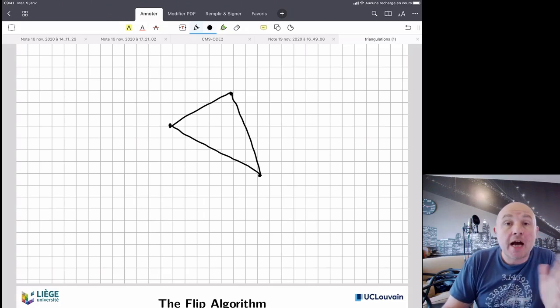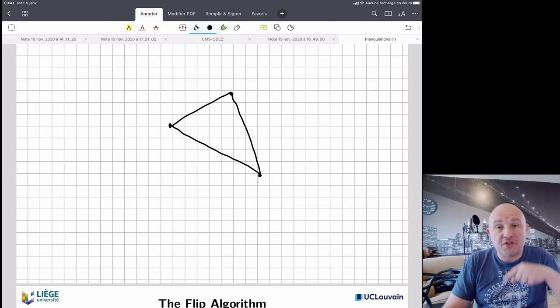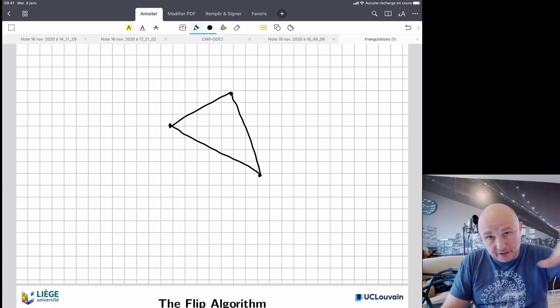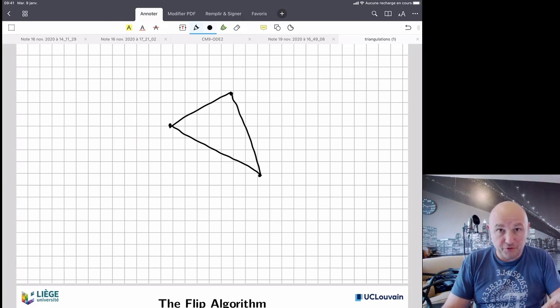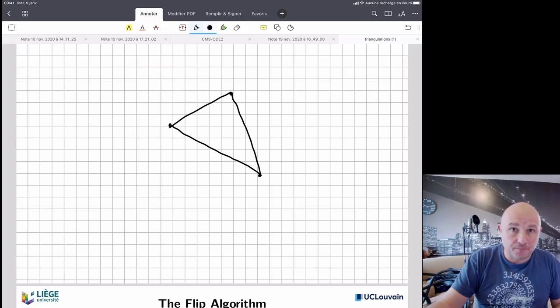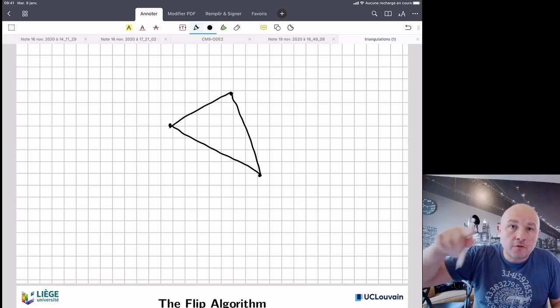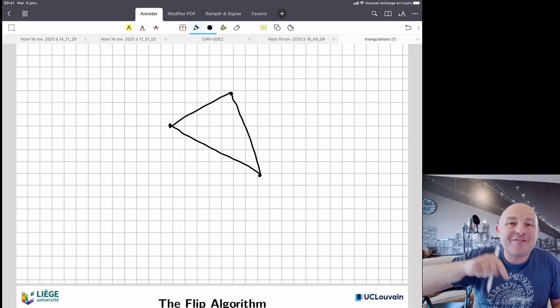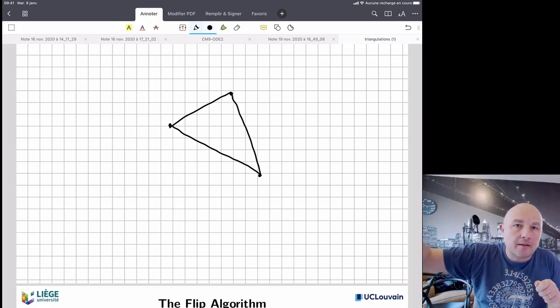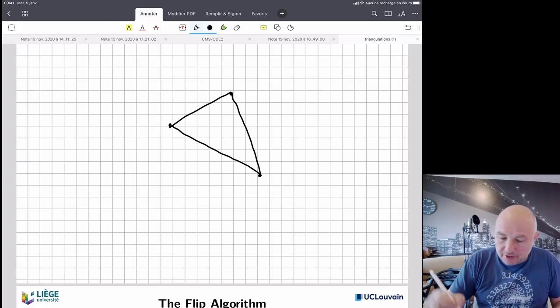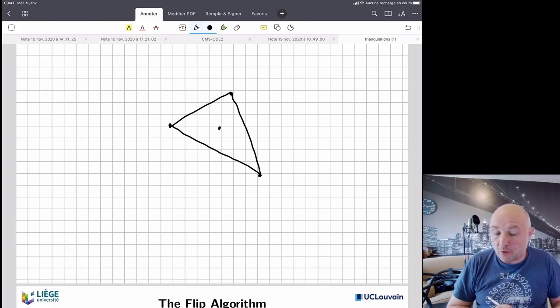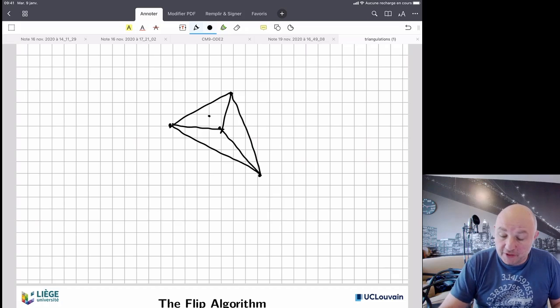Yes, because points are in general position, so four points are never co-circular, making the Voronoi diagram unique, and so the Delaunay triangulation unique. Second, three points are never aligned. So if you take any triplet of points in your set, you will never find a triplet that is not able to make a triangle. So we have three points here, and imagine a fourth point, here. I do that. Fifth point there, I do that.